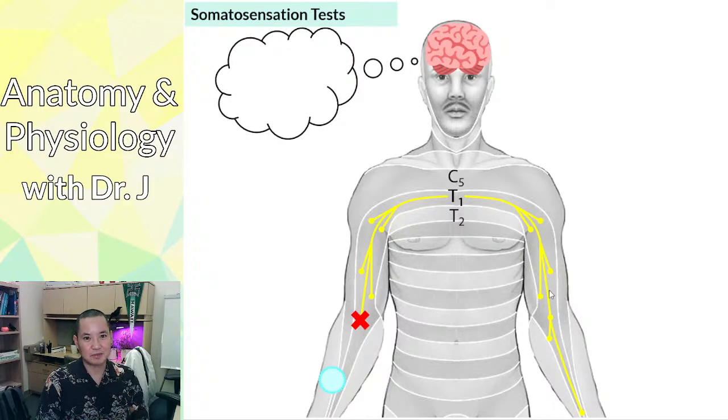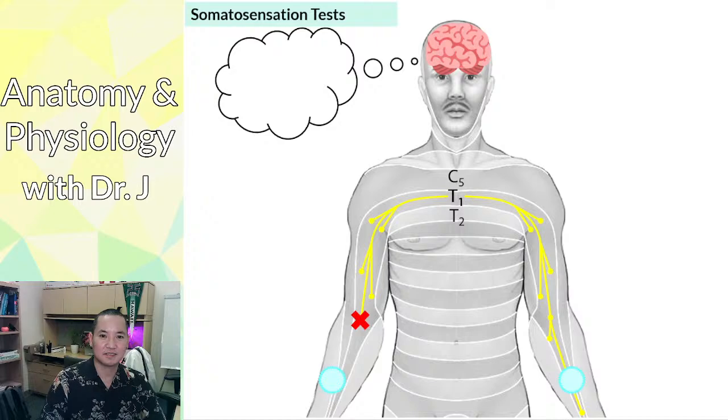But how do we know whether it's a general nerve problem? Maybe he has other things going on, not just that area. Maybe he has an inability to detect cotton balls altogether for whatever reason. One way you can double check your work and say, hey, this guy might have something along his T1, is to test the other corresponding spinal nerve and dermatome. So we're going to take another cotton ball, put it on the left side of his body, and see if that same dermatome elicits the same response.